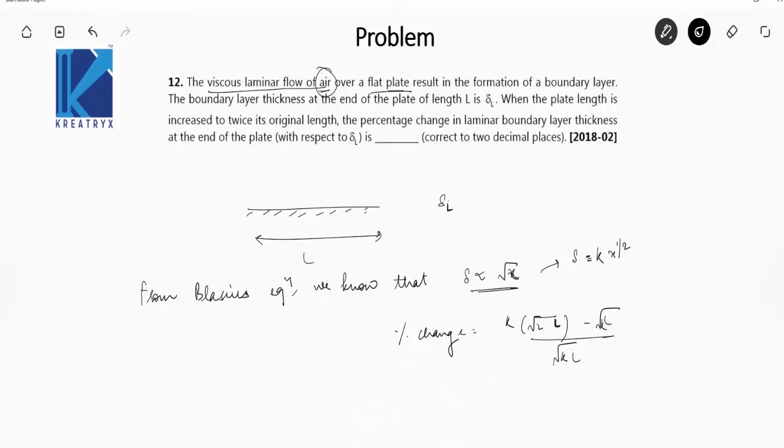So k cancels out, and root L cancels out with root L. This will be root 2 minus 1, that is 0.4142, and we have to find it in percentage, so multiply by 100, which gives 41.42%.